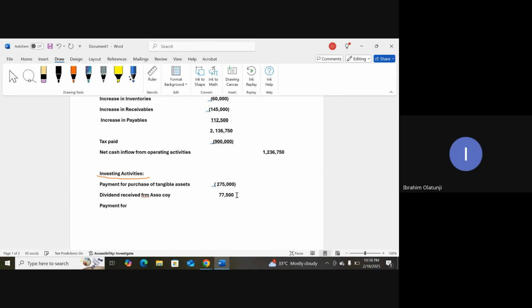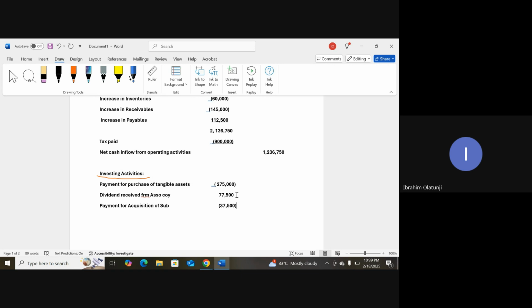How much is that? 37,500. So it will be in brackets, 37,500, because we paid the money.